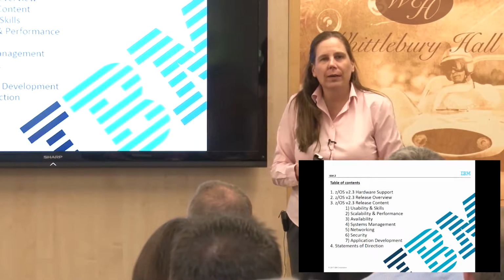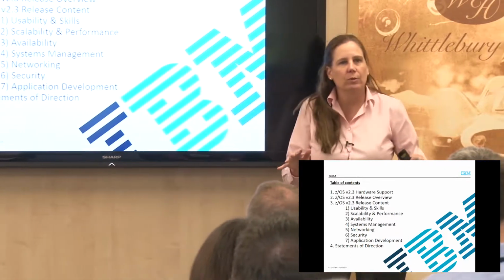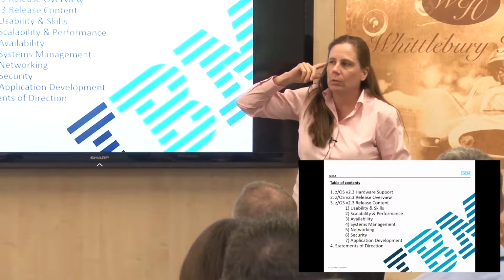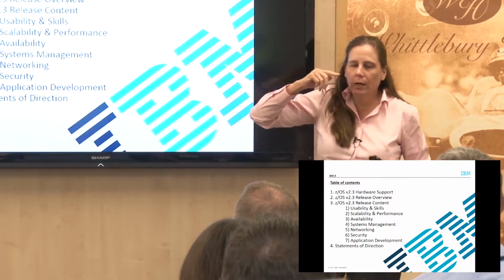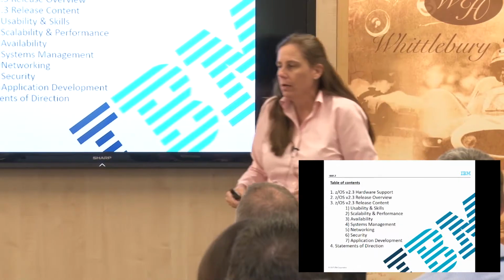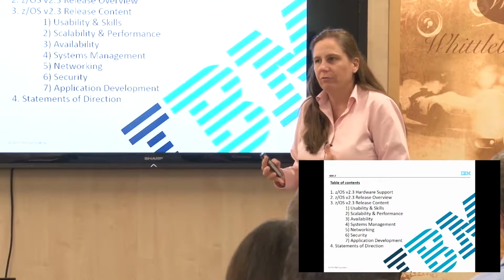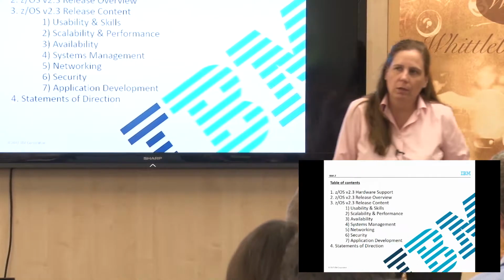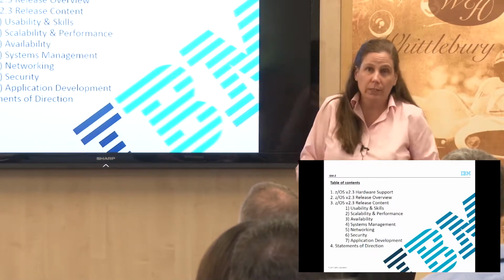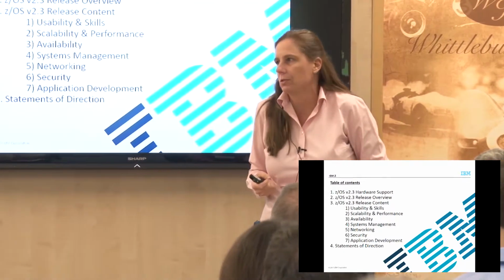What I want to talk about first is a lot of the aspects of the new functions in z/OS 2.3, and I want to kick it off at the top talking about hardware support. The reason I like to talk about hardware first is, of course, because the z14 is out, and this is a very integrated release, with the z/OS 2.3 functions really reaching down into the hardware to surface a lot of the facilities in the hardware so that we can do a lot of great things through the middleware and then even up to the applications as well.